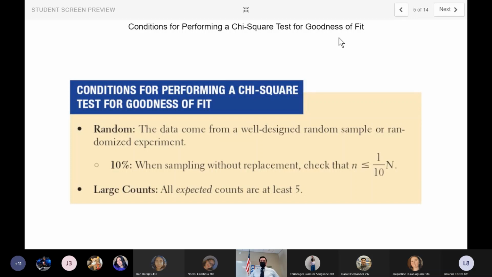With proportions, we have to make sure the number of successes and failures are both at least 10. With our goodness of fit test, the condition is that all expected counts are at least 5. I have to have at least 5 things, whether color or whatever, in each of those categories.